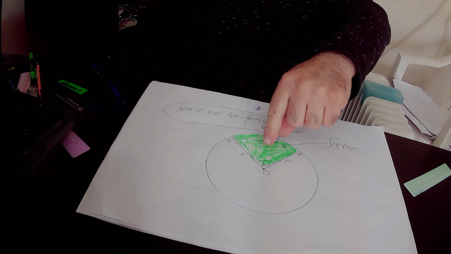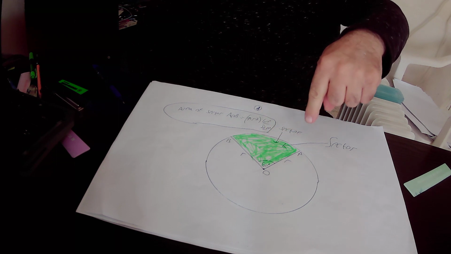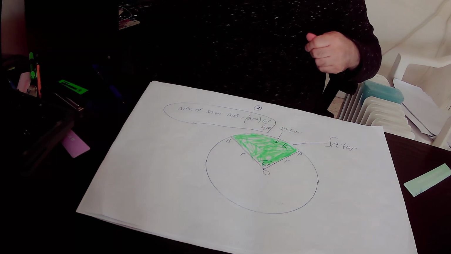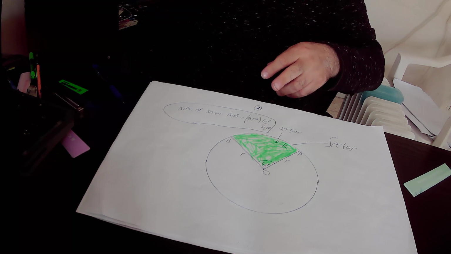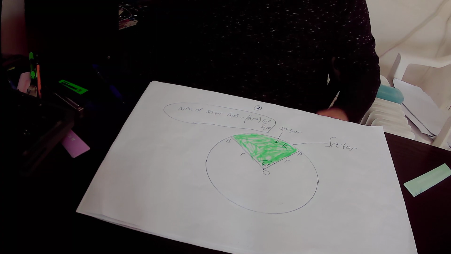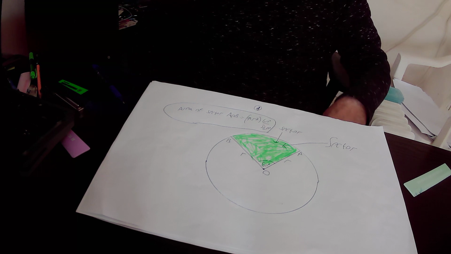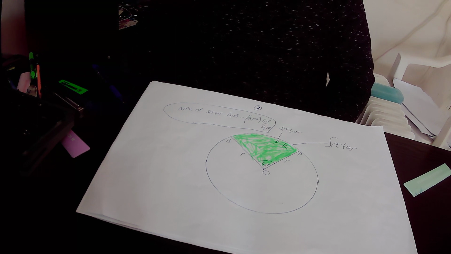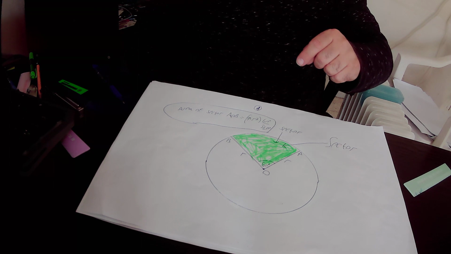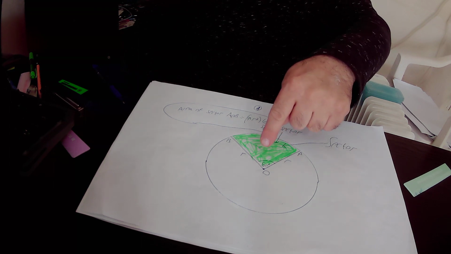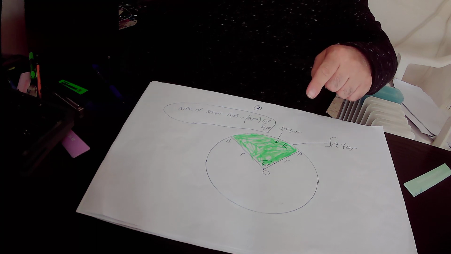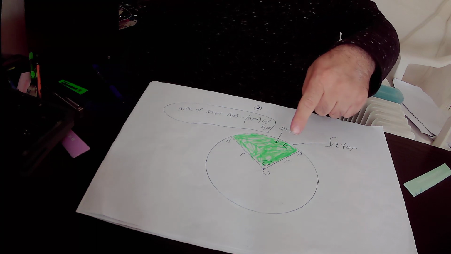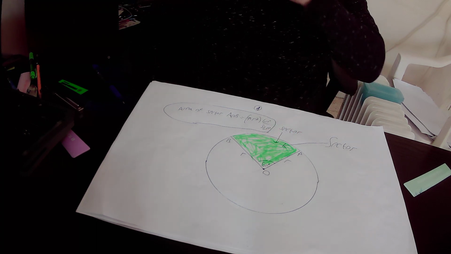So this green shape is sector AOB, and the formula for the area of a sector is pi r squared times the angle between the two radiuses over 360 degrees. In this case, the angle between the two radiuses is 60 degrees.